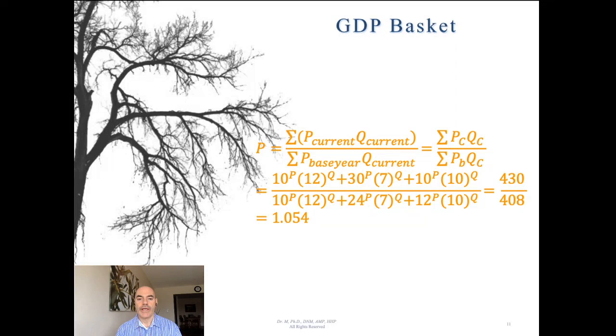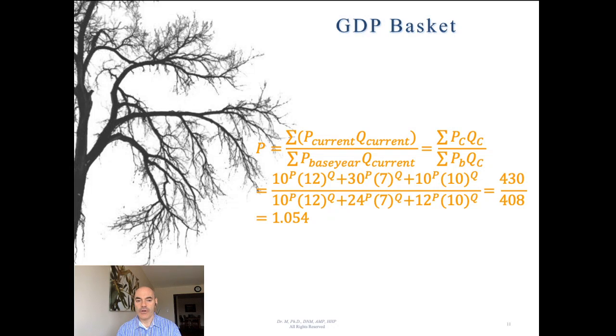Now we have the gross domestic product basket that will capture the growth rate, whether it's positive or negative, in relationship to the change in price. So we have the price of the current year times the quantity of the current year.